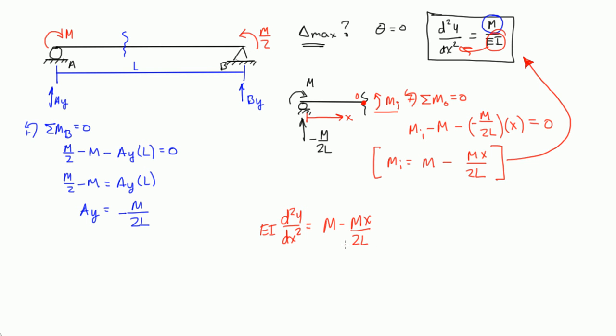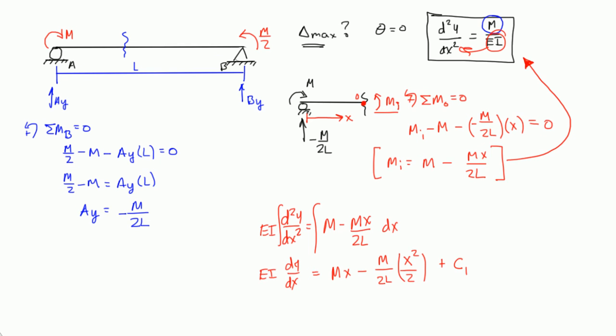And remember, if we integrate this formula once, we're going to get an equation for our slope. So we'll get EI times dy dx, and dy dx is just your slope or your rotation. If we integrate M, it'd be Mx, minus M over 2L times the integral of x, which is x squared over 2, plus a C1, because you integrated once and need a constant there.